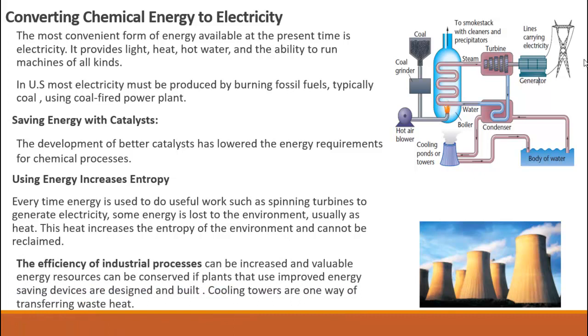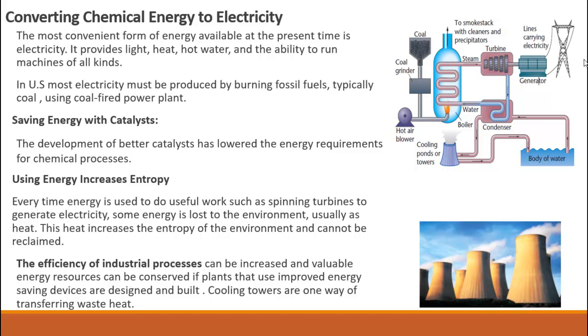How can we improve the efficiency of industrial processes? Because entropy increases, no power or industrial plant can completely convert heat from chemical reactions into useful work. So some waste heat will be produced.